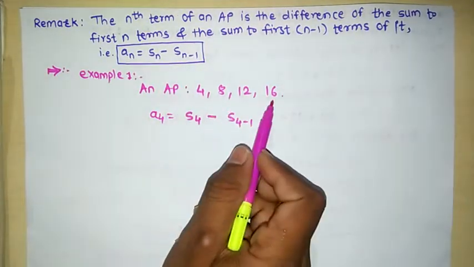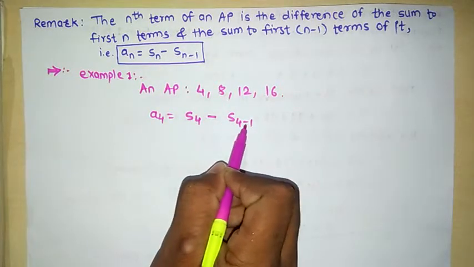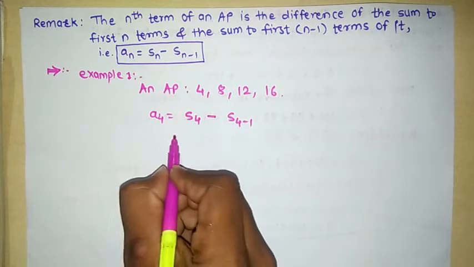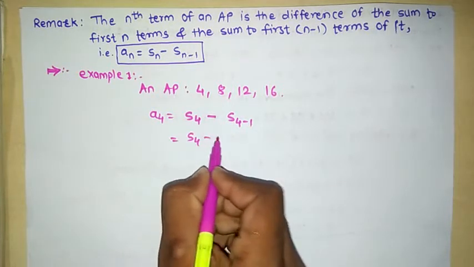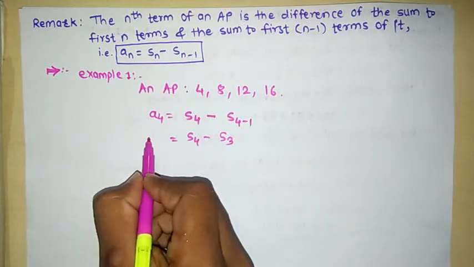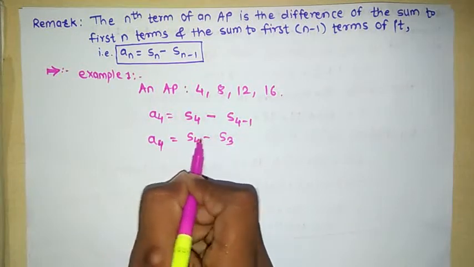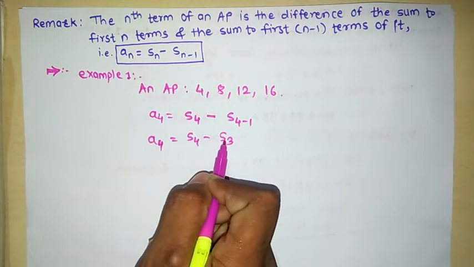Sn we have considered as the fourth term. Therefore, A4 is equal to S4 minus S3, since 4 minus 1 is equal to 3. Here we got the fourth term is equal to the sum of the 4 terms minus the sum of the 3 terms.